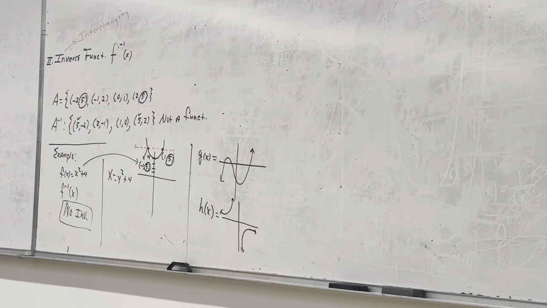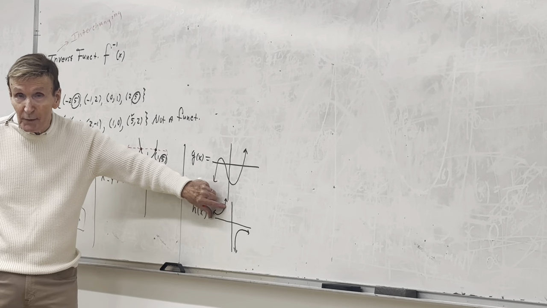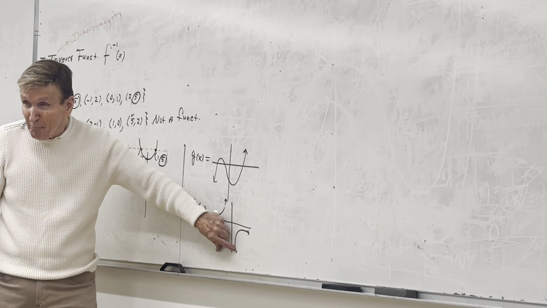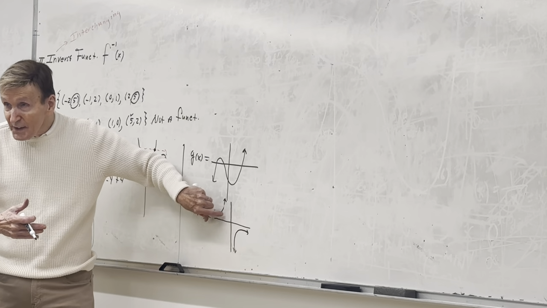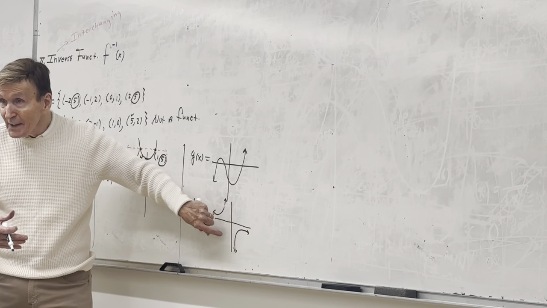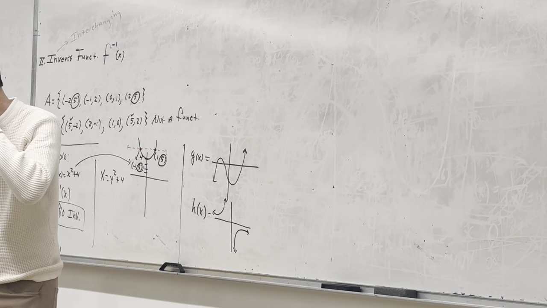If it looked like that, would it pass the horizontal line test? Yeah. It would. Up here, we found two points of intersection. If you pass the horizontal line here, you have only one point of intersection. You'll never have two. So this thing has an inverse. That's a rational function. So that could have an inverse. The other two do not have inverses.